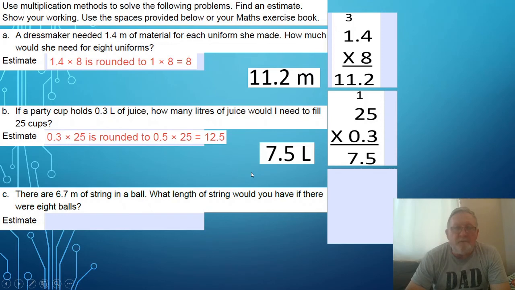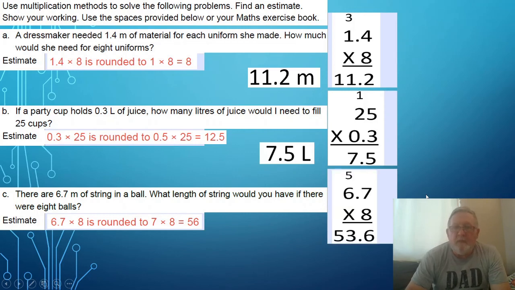Anyway, let's move on. 6.7 multiplied by 8, round 6 and 7/10 up to 7, 7 eighths are 56. Let's see what the actual calculation tells us. All right, so if we multiply it out, 7 eighths are 56, 6 eighths are 48, and 3 more is 53. So 53 and 6/10, fairly close that time. And of course, meters is the measure we need.